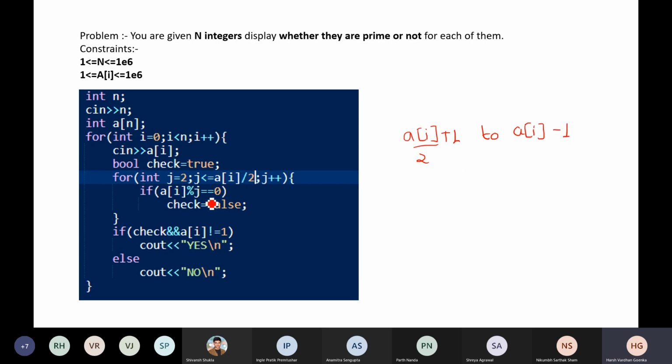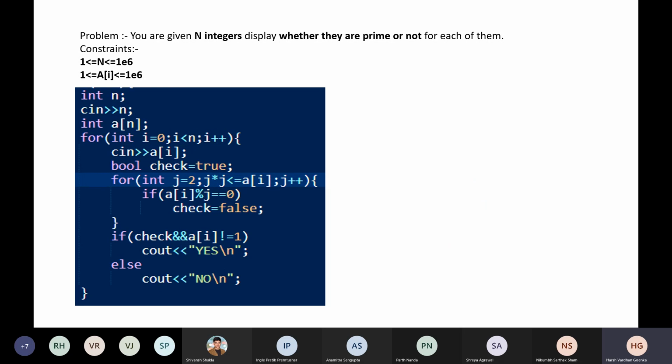So we just iterate from 2 to ai by 2. My complexity comes out to be n into max of ai by 2. But this is only a constant improvement. It will now run in 1e11 operations, but it is not a good enough improvement to get an accepted solution. It would still give time limit exceeded.